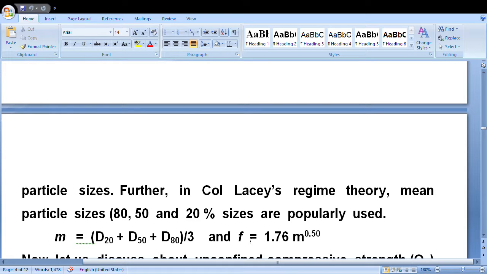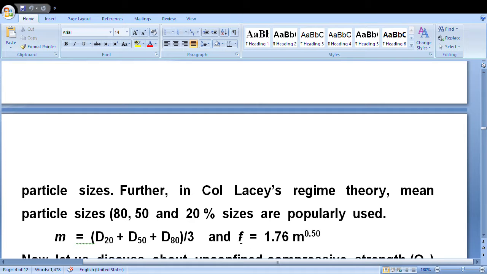It is termed Lacey's silt factor, and his regime theory used this silt factor only, which is from the mean particle sizes of 20%, 50%, 80%. That is the average of these mean particle sizes, and 1.76 root over mean particle size.